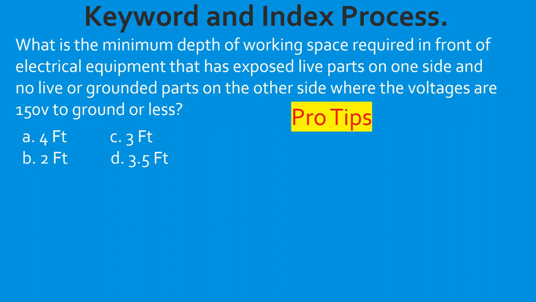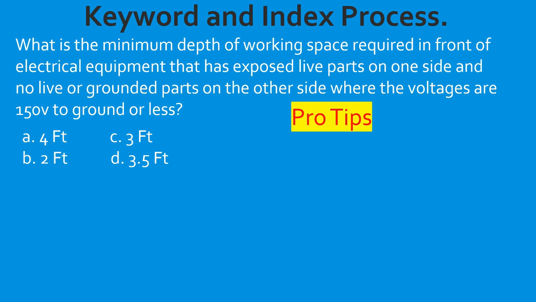And this is the keyword and index process. It's the most important process of this entire program. I cannot stress to you how important it is to you being able to pass the test. You're not going to be able to memorize every calculation or every rule, and you're definitely not going to be able to memorize every part of the code book. So this is the way you can find anything in the code book using the keyword and index process.